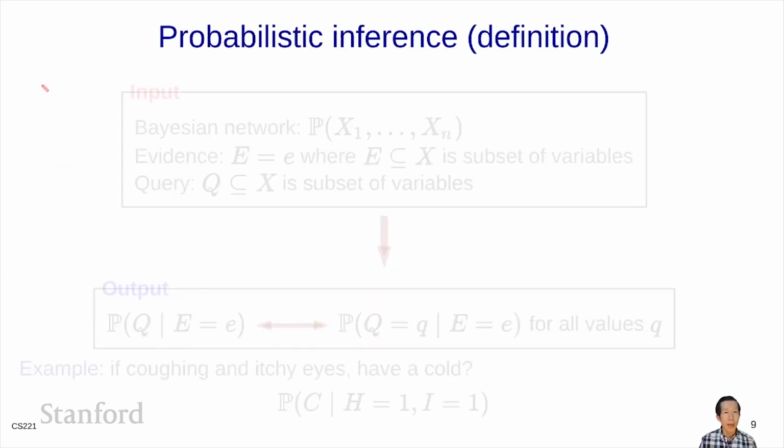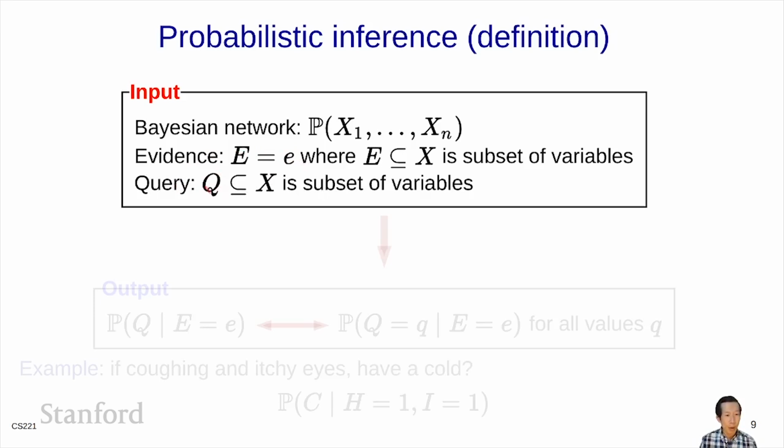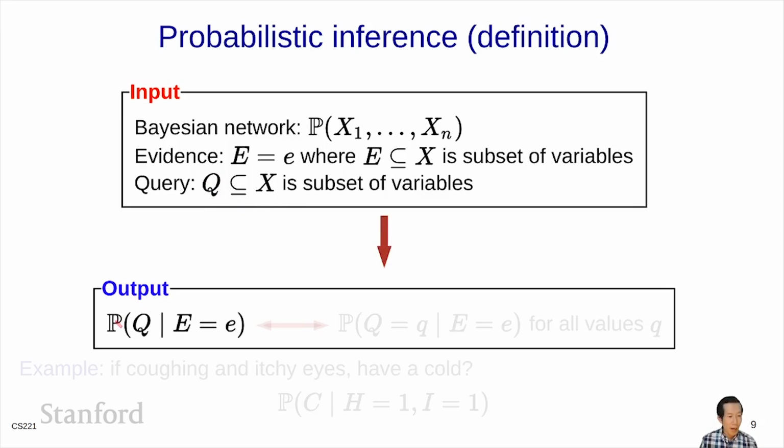So now we can look at probabilistic inference more formally as well. So for probabilistic inference, you're given as input a Bayesian network specifying this joint distribution. So this is my probabilistic database. I get some evidence where a subset of the variables E has been observed to take on particular values little e. And I'm interested in a set of query variables Q, which is another set of variables. So now probabilistic inference produces the probability of Q conditioned on the evidence.